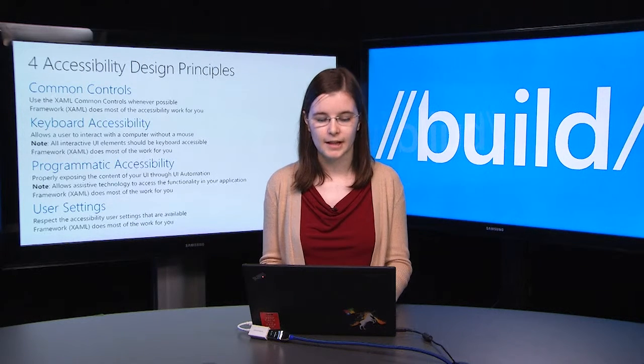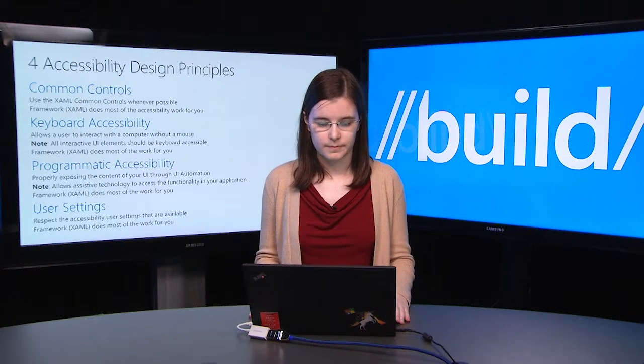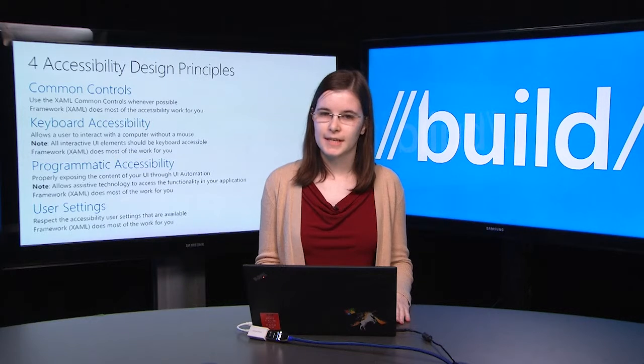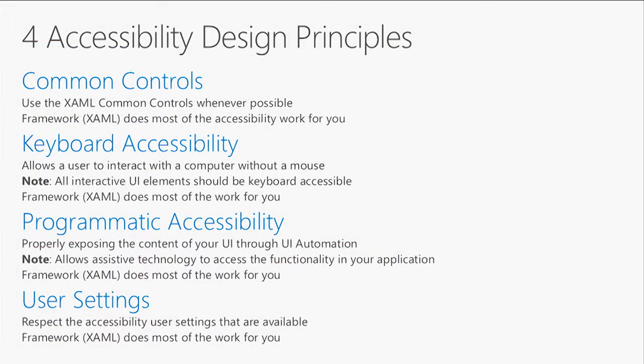Keyboard accessibility allows a user to interact with a computer without a mouse, with just a keyboard. For keyboard accessibility, it's important to make sure all of your interactive UI elements are keyboard accessible. That means you can access them with your keyboard through a combination of keys, generally the tab key, the arrow keys, or other keys.